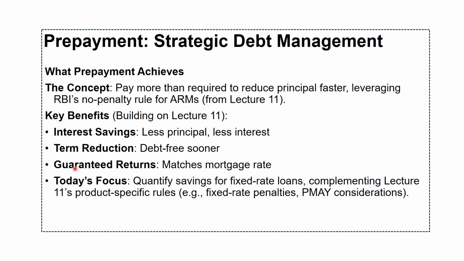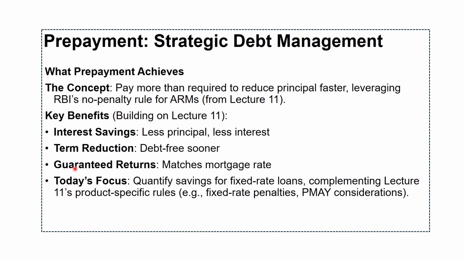Now, another question comes to mind: why might a fixed rate borrower prepay despite penalties? That can also be a case, that even though there is a penalty, despite that, a fixed rate borrower may prepay.